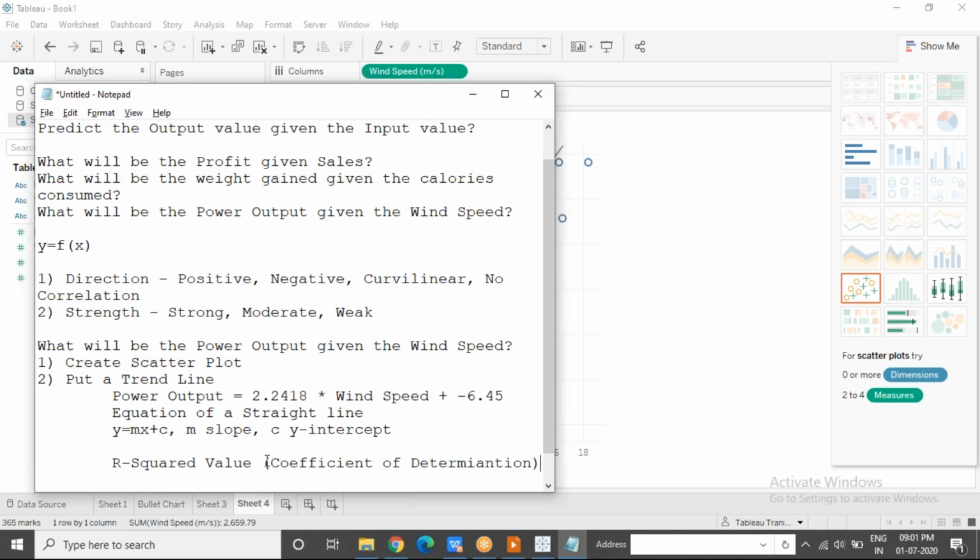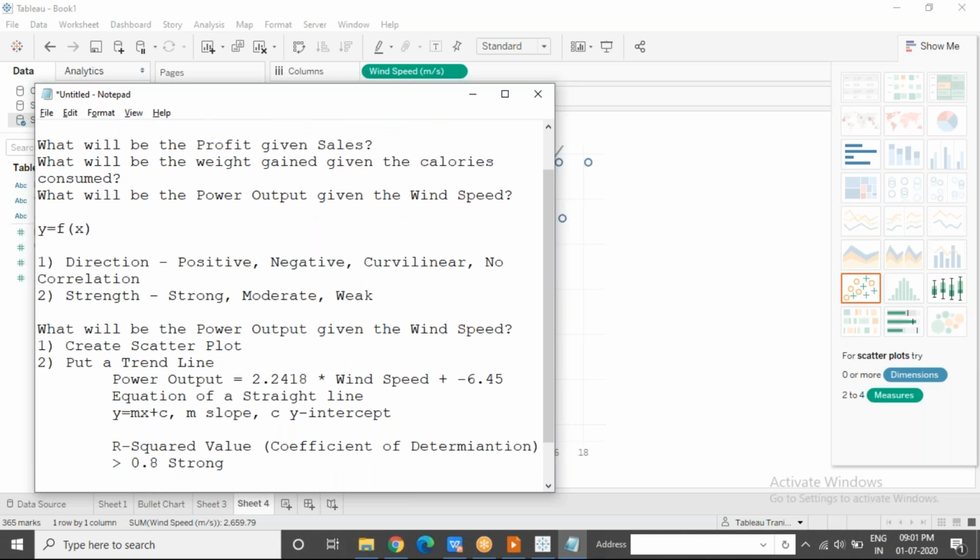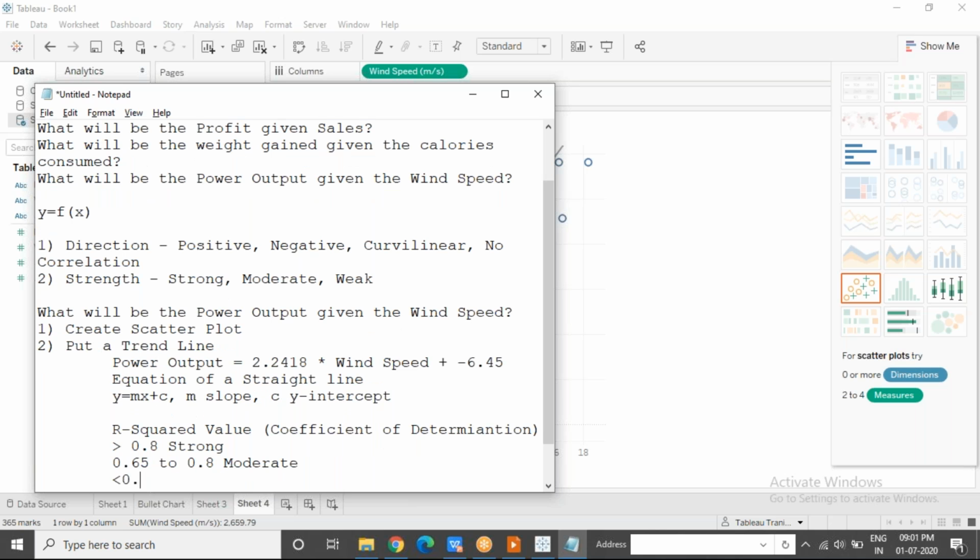If this R squared value is greater than 0.8, then the strength of the relationship is strong. If it is anywhere between 0.65 to 0.8, then the relationship strength is moderate. Anywhere less than 0.65, then the strength is weak.